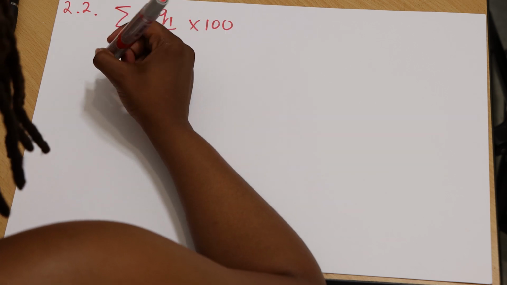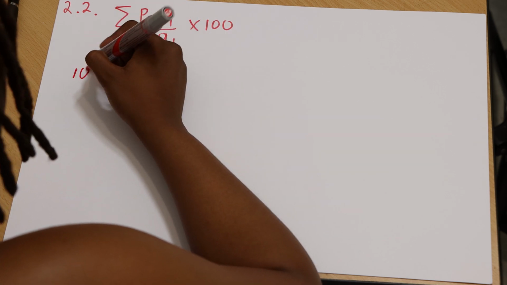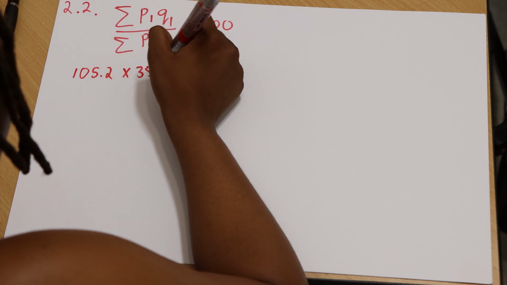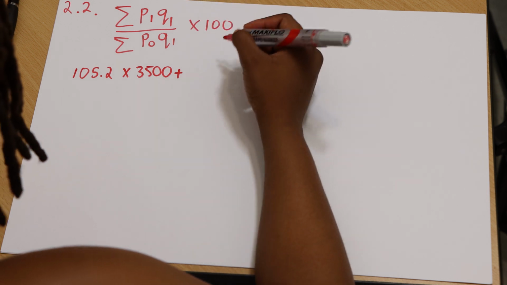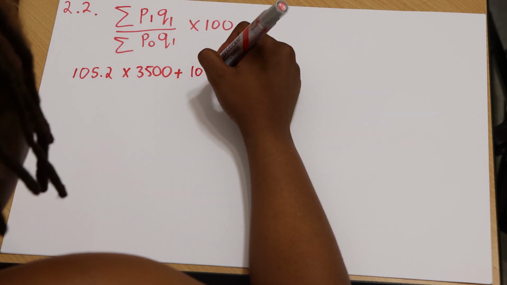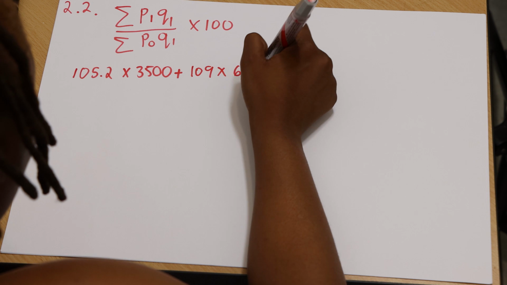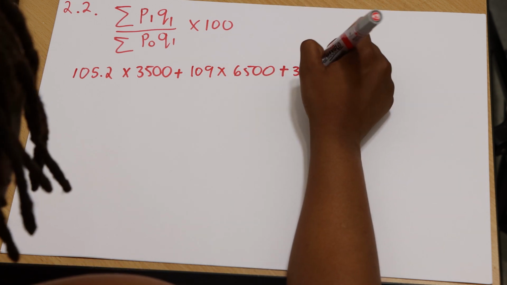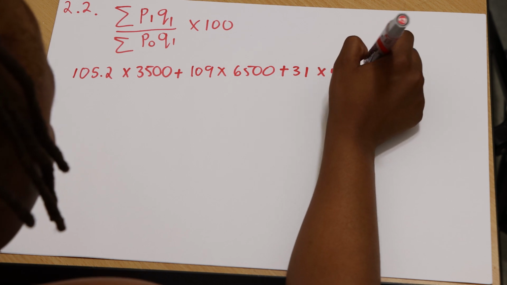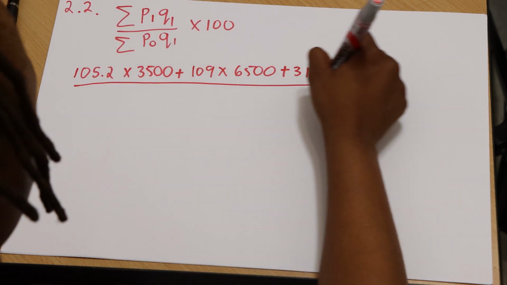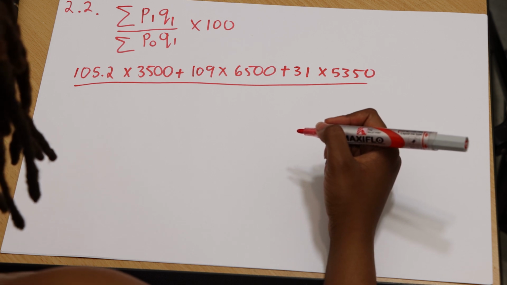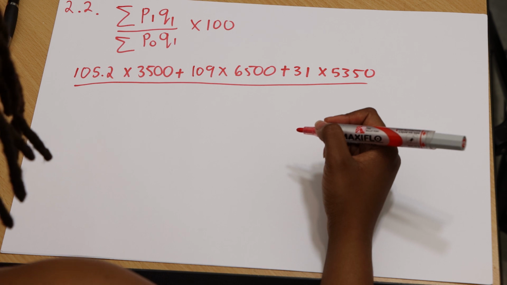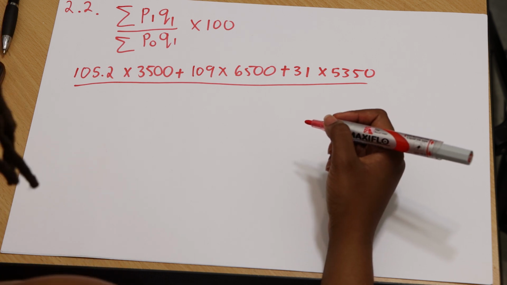So it's going to be 105.2 multiplied by 3,500 plus 109 times 6,500 plus 31 times 5,350. Then divided by P0 Q1. P0 is the first column after the product, and then Q1 is the last column.